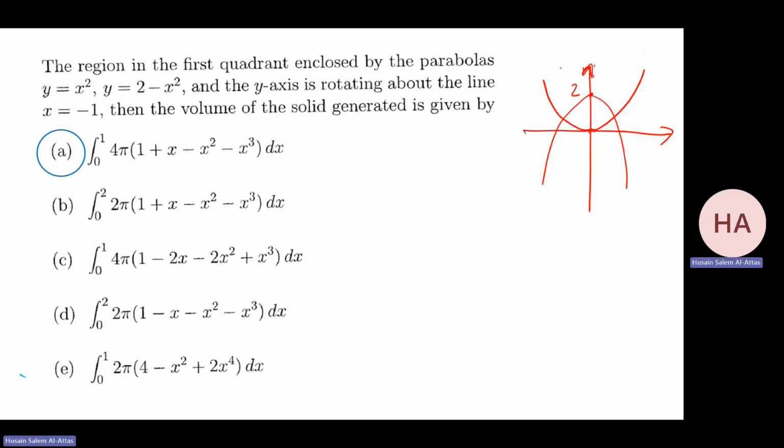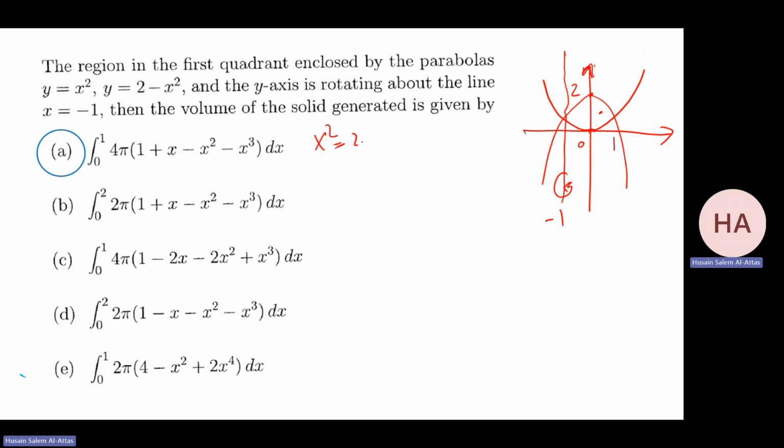Is it about the line x equals minus 1? Yeah, x equals minus 1 somewhere here. They intersect this. So I'm talking about this line, x equals minus 1. I'm talking about this region, 0 to 1. Yeah, they agree at 1.